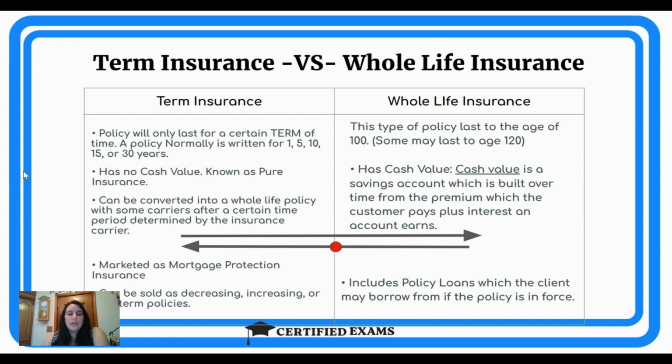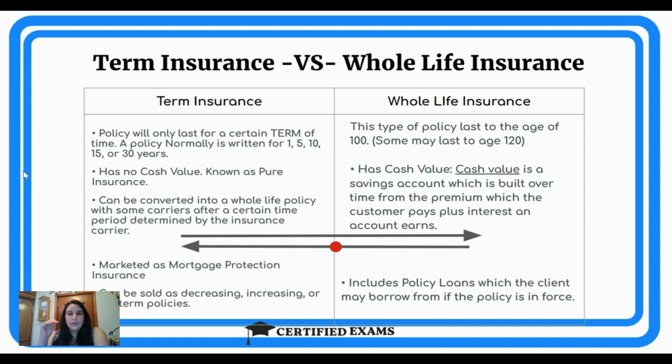Now, a term insurance policy can be decreasing, increasing, or a level term policy. So that death benefit, that 100,000, 200,000 that they've requested in their application, is either going to decrease over time, increase over time, or stay the same throughout their entire policy. So the decreasing and the increasing can work like this. Maybe in year one, you're at a $200,000 death benefit.